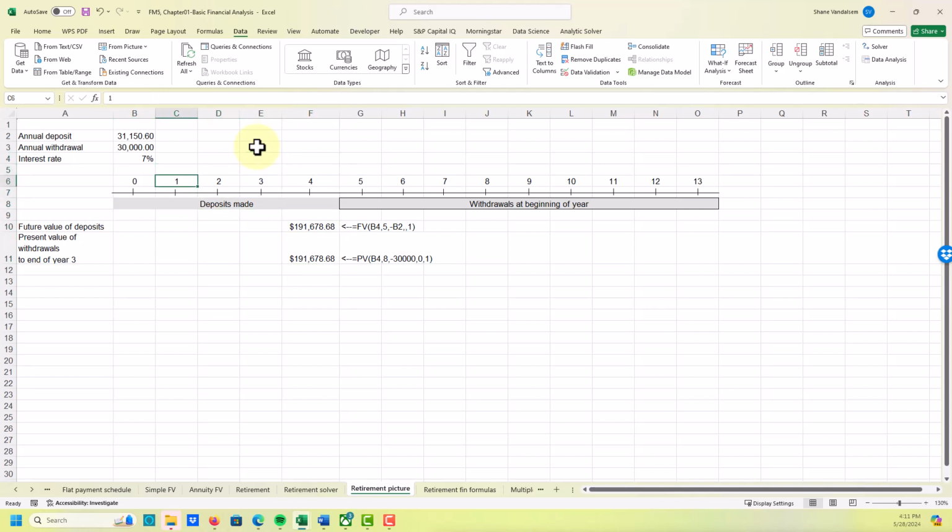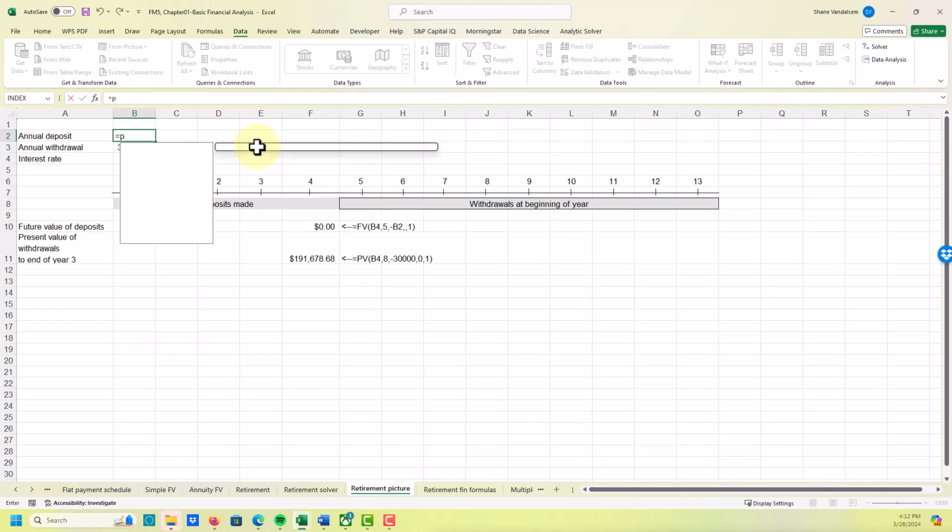So now I need to find the payment amount that gets me to that number. I'm going to delete this here, and I'm going to calculate the payment as equal payment. My rate is 7%. My number of periods is 5 periods.